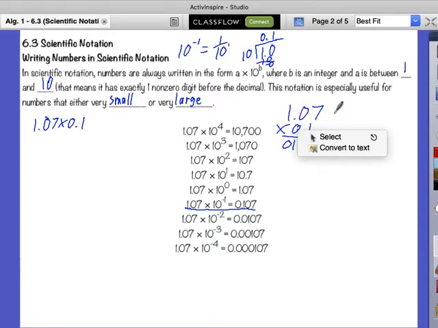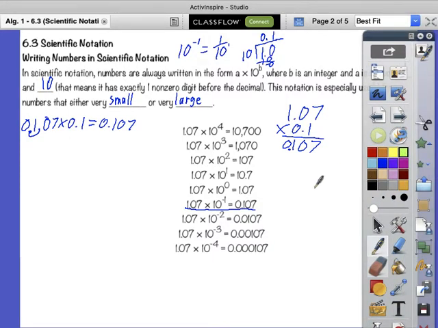How many numbers do I have to have behind the decimal? 3. So I end up getting 0.107. How many times did I move the decimal this time? 1, but where did I move it to? The left. The number got smaller.